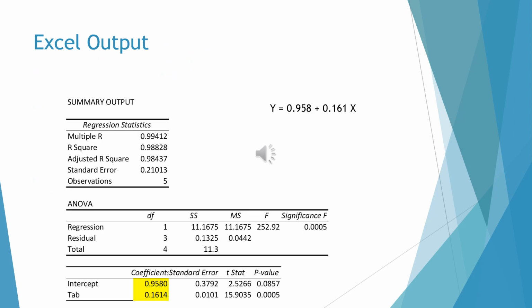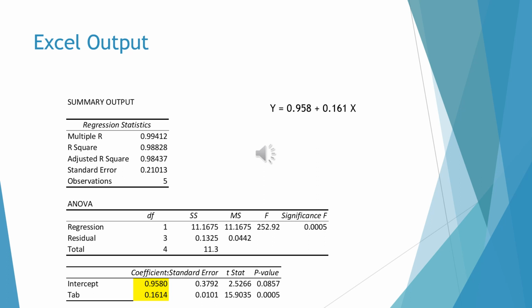If I was to use the data analysis tools in Excel to run the analysis, this is what our output would look like. At the very bottom, you'll see something called coefficients. It does not highlight these; I just highlighted them to look at. You'll see 2 values: the intercept and the tab.